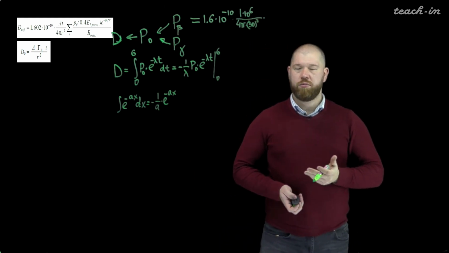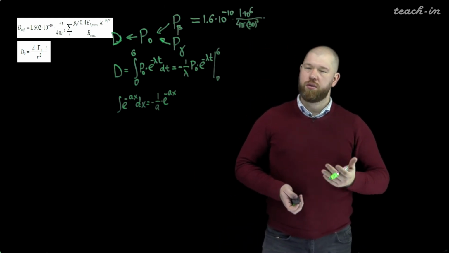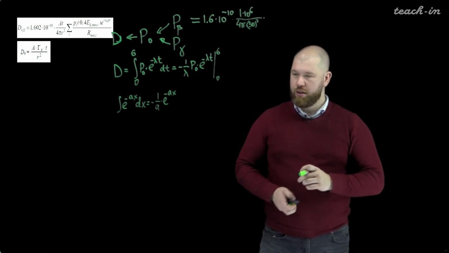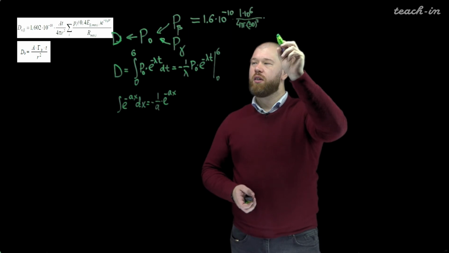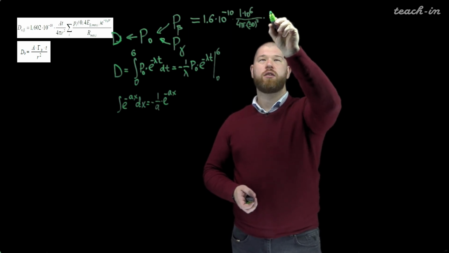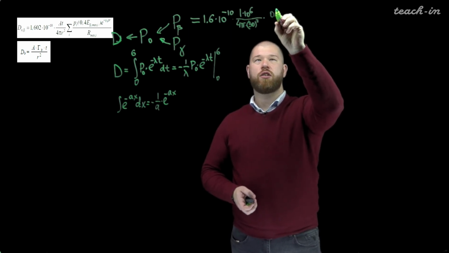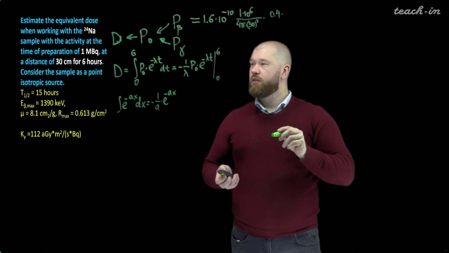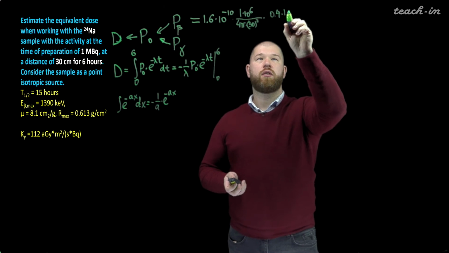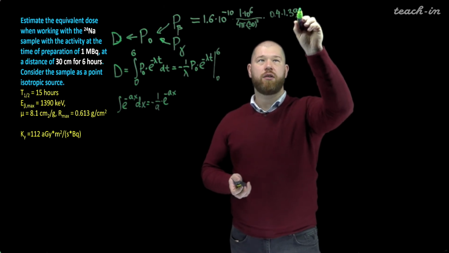There is only one beta decay, only beta minus decay, and thus intensity is equal to 1. We will not take it. We will take the average energy of the beta particles, and it is 1.39 mega electron volts.